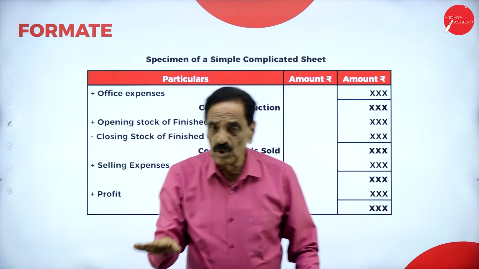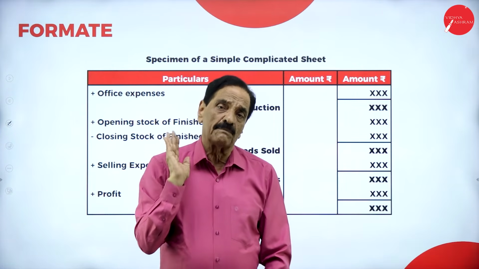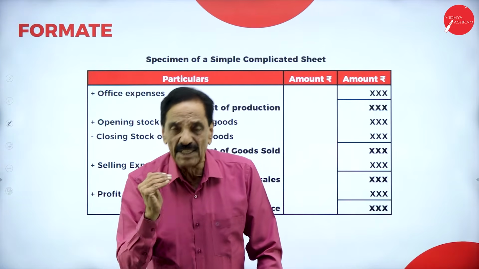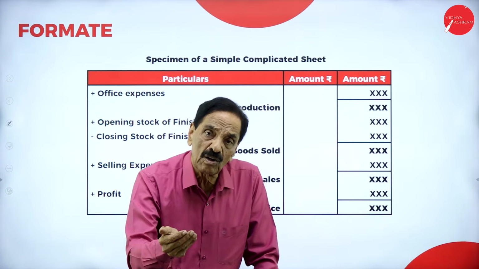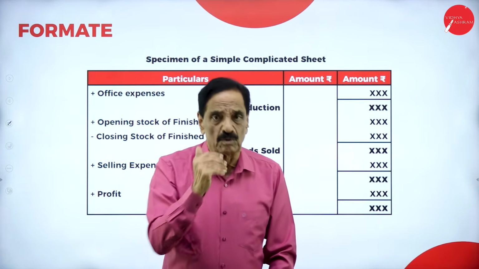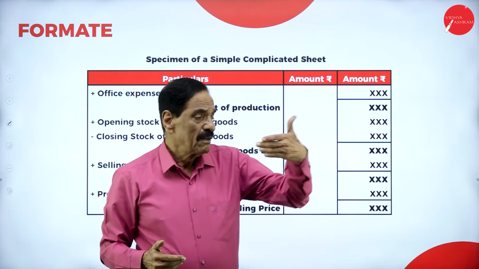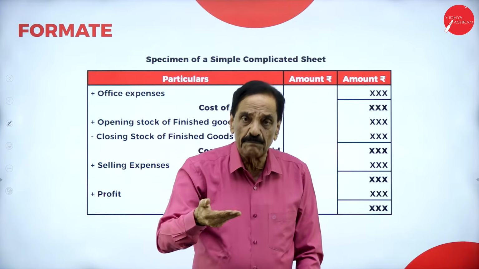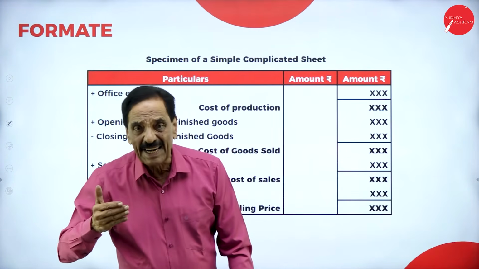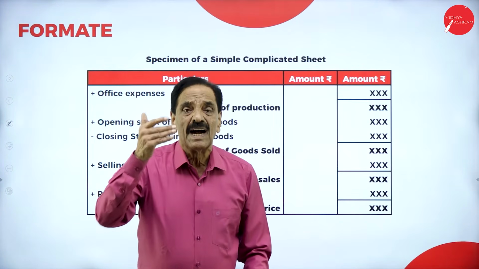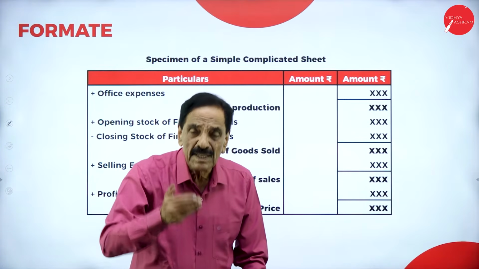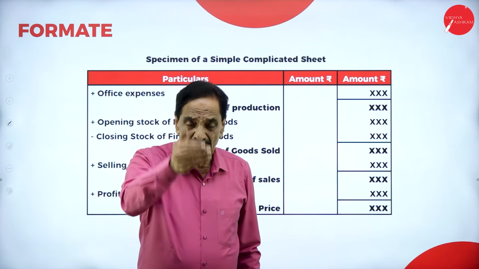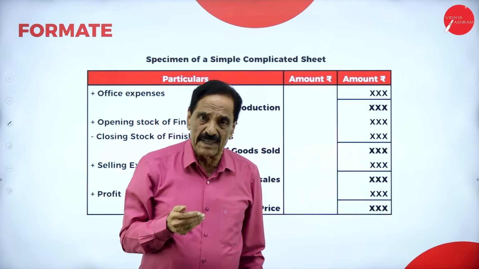What is material consumed? Opening stock of raw material plus purchase of raw material plus carriage inward minus closing stock of raw material is raw material consumed. Add direct wages or labor, add direct expense, it becomes the prime cost. Add factory expenses, add opening work in progress, minus closing work in progress, minus sale of scrap, and this becomes the factory cost.